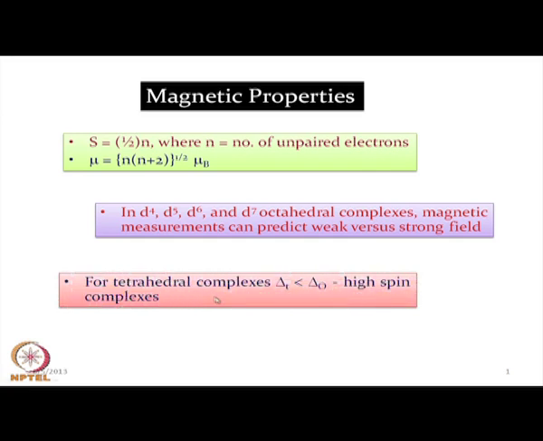But in the case of tetrahedral complexes, where delta tetrahedral is less than delta octahedral, we only get high spin complexes. So for a typical distribution of unpaired electrons in the different levels, we will find only the high spin configuration, for delta T, which is very much less than, and is 4/9 of, the delta octahedral.